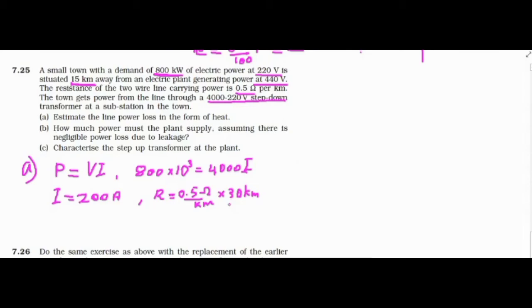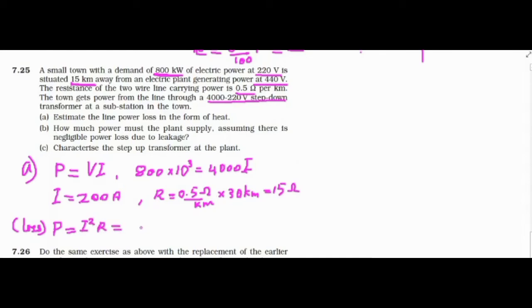Therefore, the total resistance of the transmission wire is 15 ohm. Now the line power loss you can calculate. Line power loss P is equal to I square R.